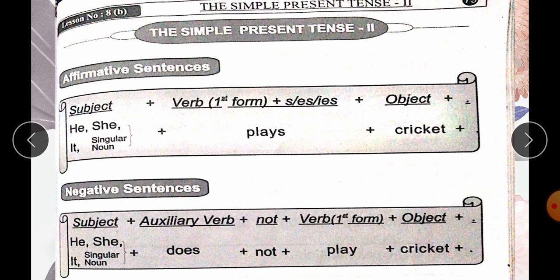The difference between the subjects I, you, we, they and plural noun and the subjects he, she, it and singular noun is that for he, she, it and singular noun we will use s, es or ies with first form of verb, and for I, you, we, they and plural noun we will use just first form of verb.